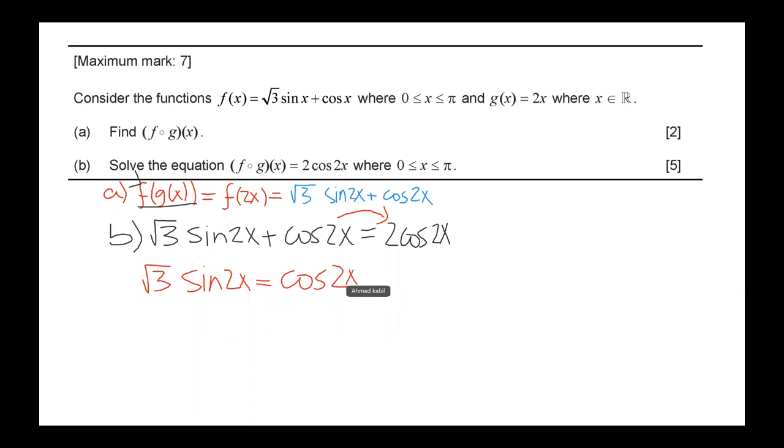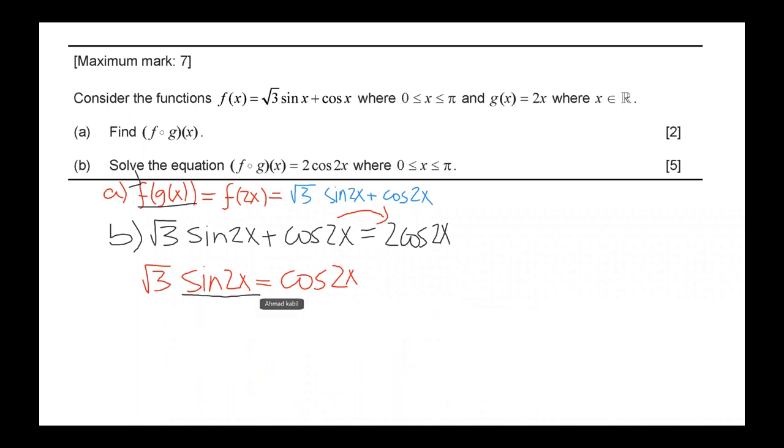Next step would be one of two things. You might be tempted here to think of using double angle identities and trying to expand all of this and get another expression that doesn't have 2x, that just has x, sine x, cosine squared x, and so on. This would be a mistake because there is a much shorter path, where you simply divide both sides by cosine 2x.